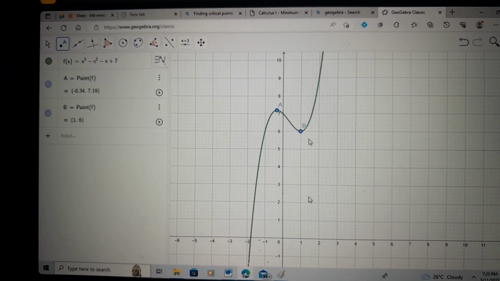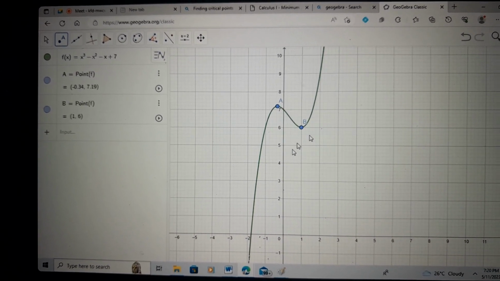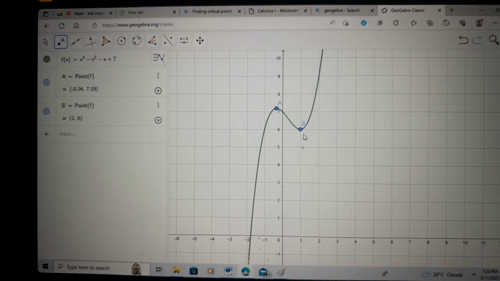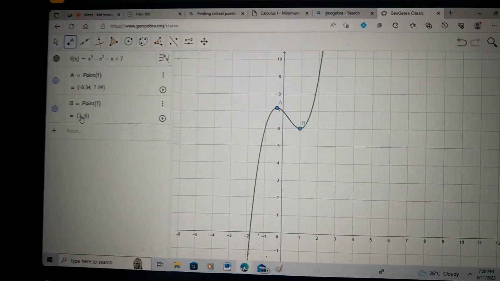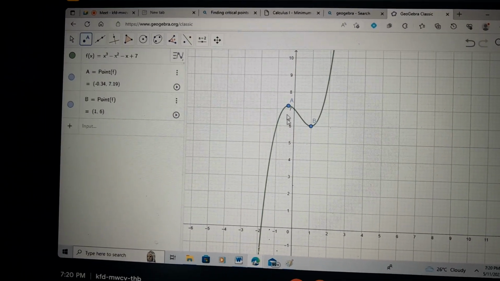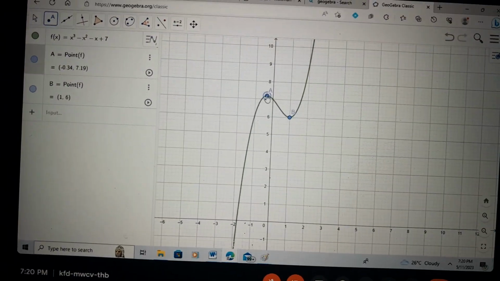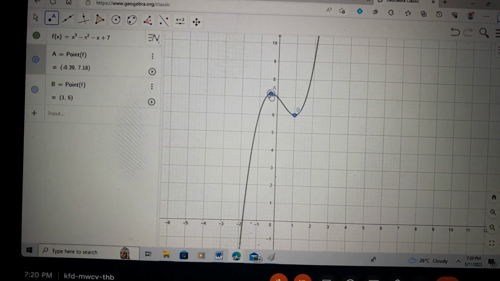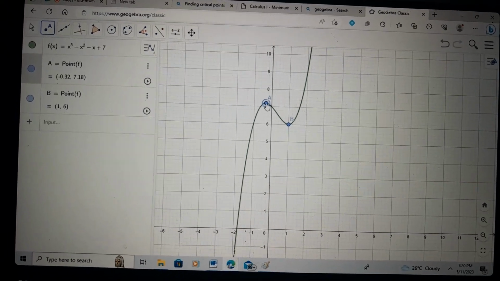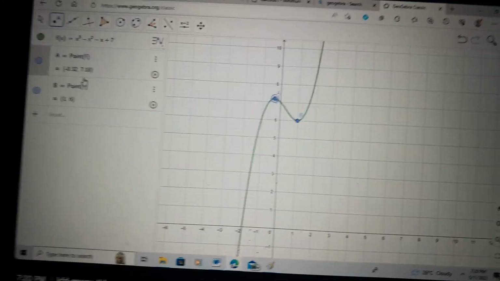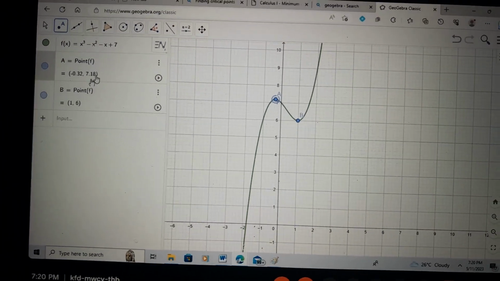Yeah, so we see clearly that (1, 6) is one of the points. Can everyone see that there? Right, and the other point, I'm trying to pull it to 0.33, but it will be a little difficult. But as you can see, it's 7 and a little fraction, right?